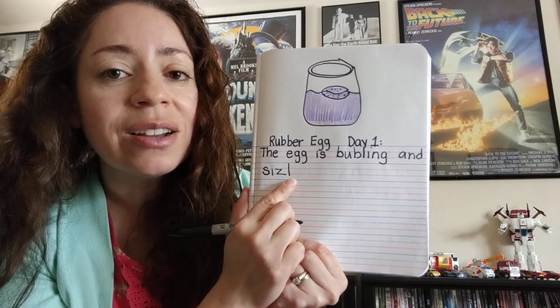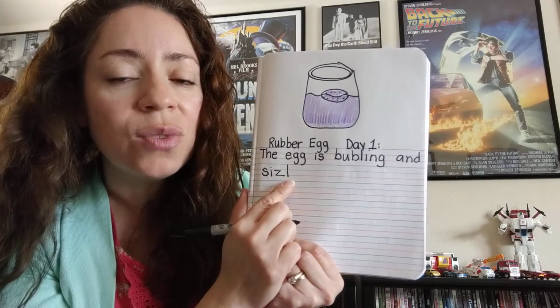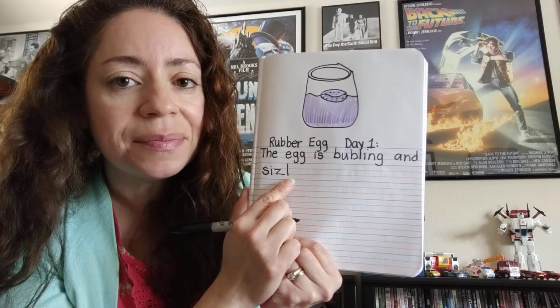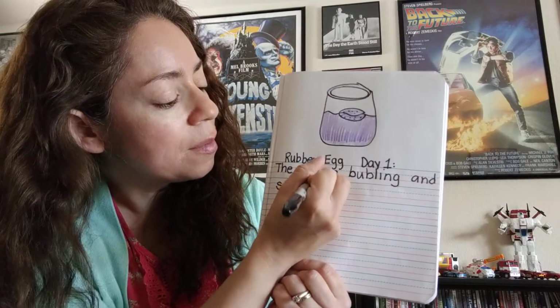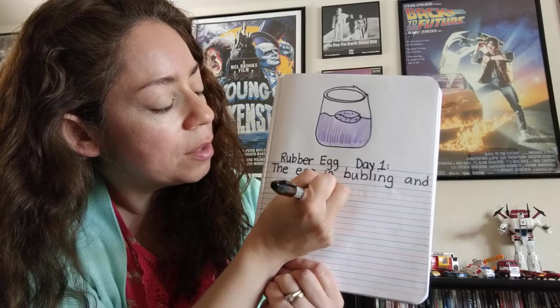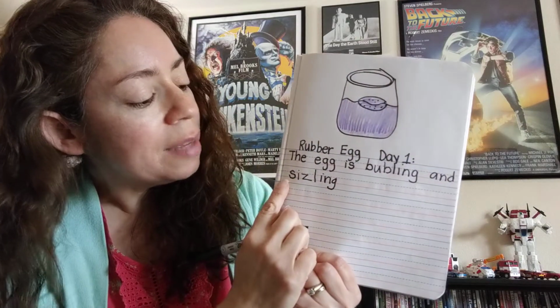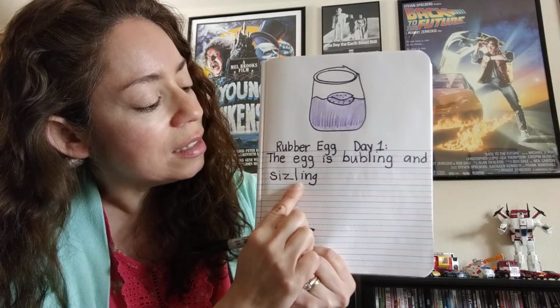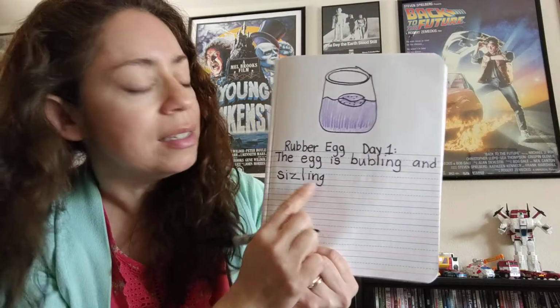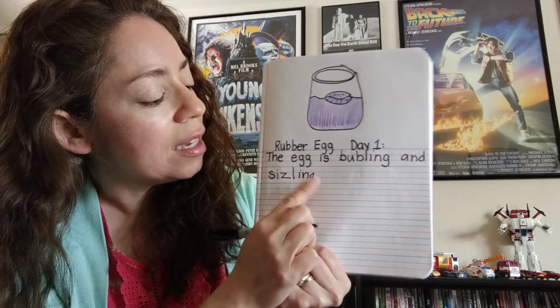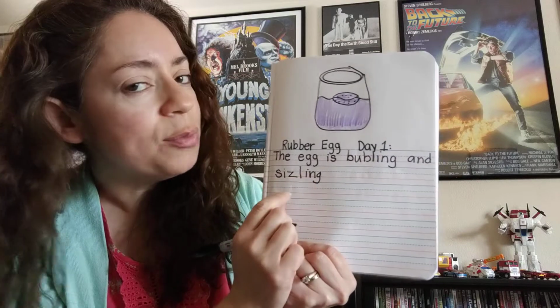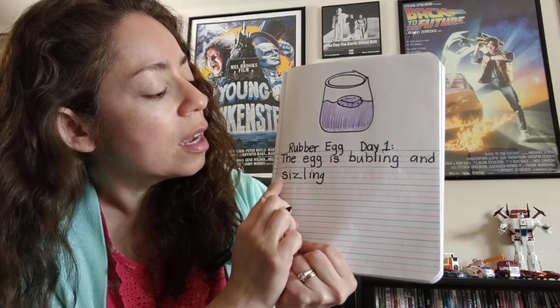Ing. There's that ing sound again. What are the 3 letters that say ing? I-N-G. Let me touch it and slide it and make sure I have all my sounds. Sizzling. Sizzling. Wow, that's pretty brave spelling for a kindergartner.